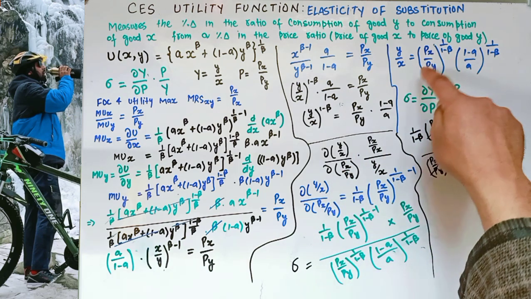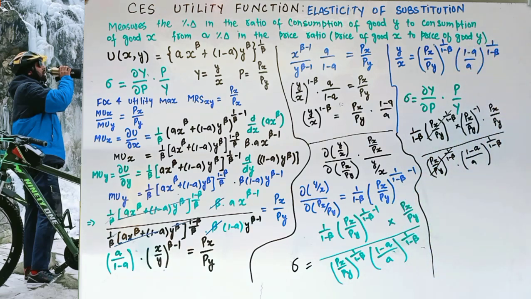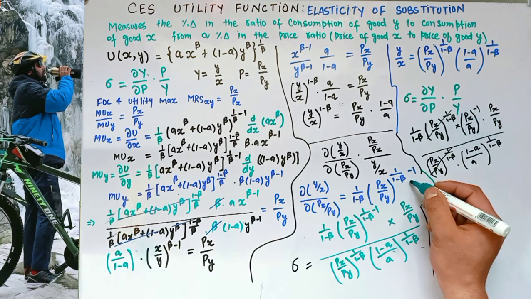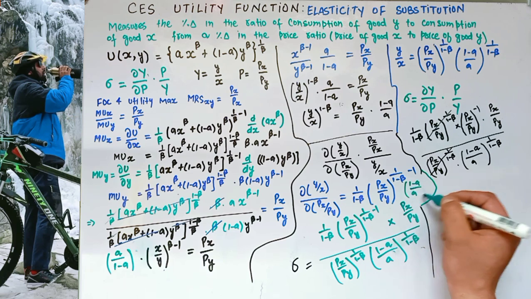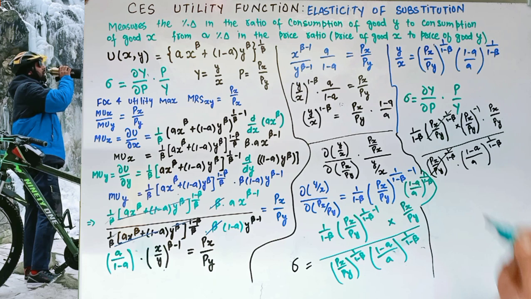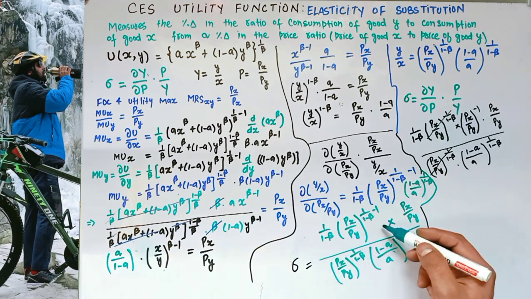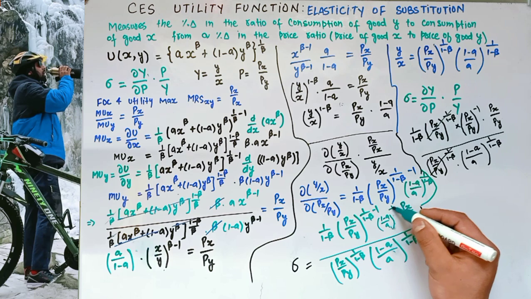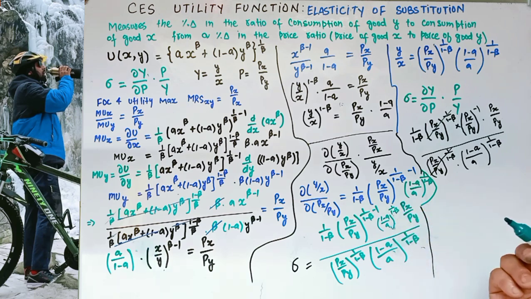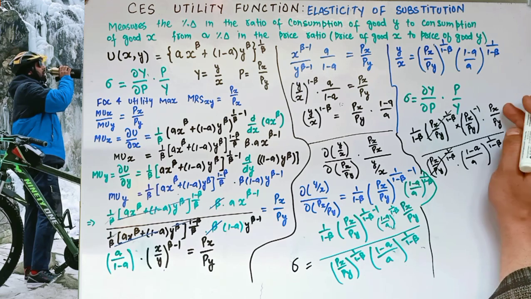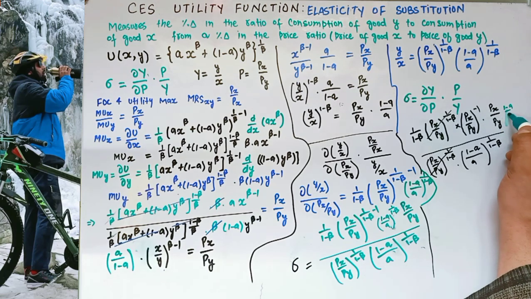When I take the derivative of this function, I have this term also here: 1 minus a upon a raised to the power 1 upon 1 minus beta.